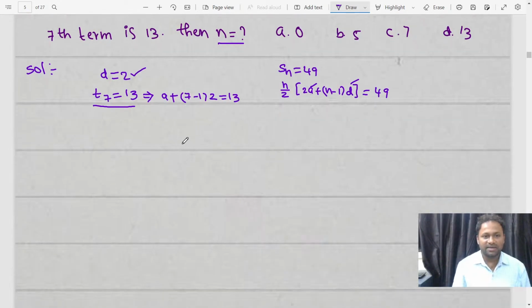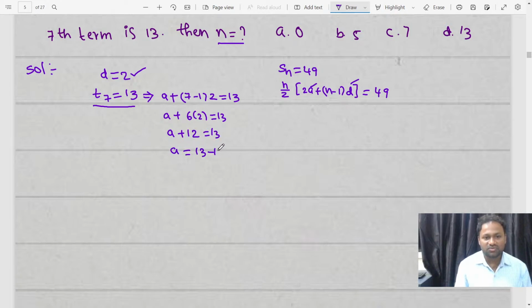Chalo, let us see. A plus 7 minus 1, 6, 6 into 2 is equal to 13. So A plus 6 2s are 12 is equal to 13. A is equal to 13 minus 12. How much do we get? 13 minus 12 is 1.